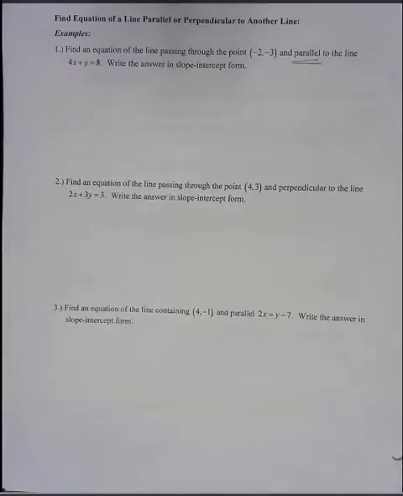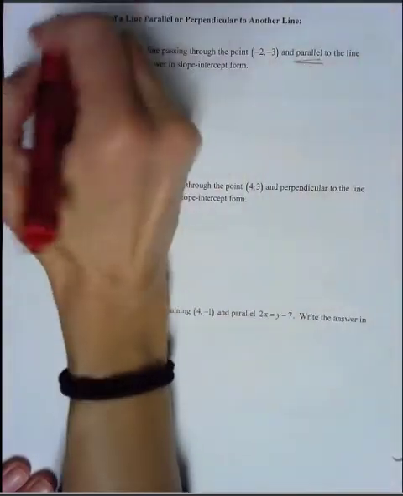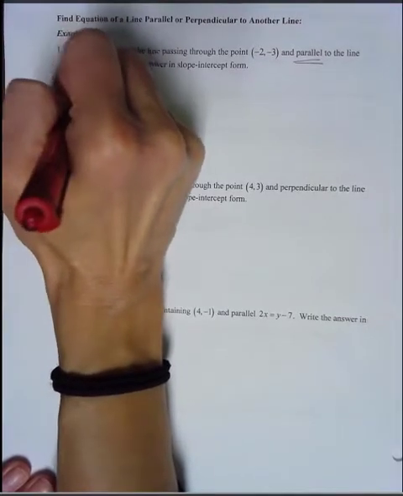So if we're talking about lines that are parallel, from our previous night's work and classwork, we know that they have the same slope. Okay, so we're looking for equal slopes. And we want it in slope-intercept form, so we might as well put this equation into slope-intercept form, meaning that I'm going to go ahead and solve for y.